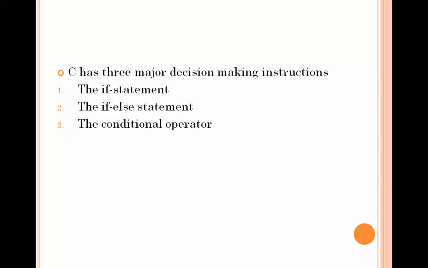Within the if else statement we can have nesting of if else, also known as the if else ladder, which we will take later on. But in this video we will primarily focus on the if statement, which is very basic.